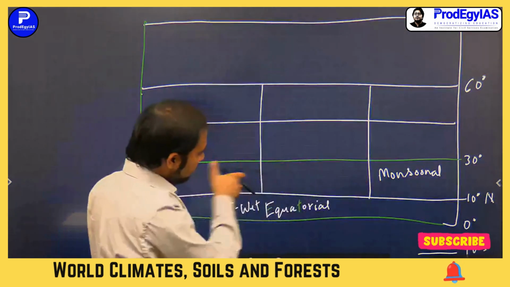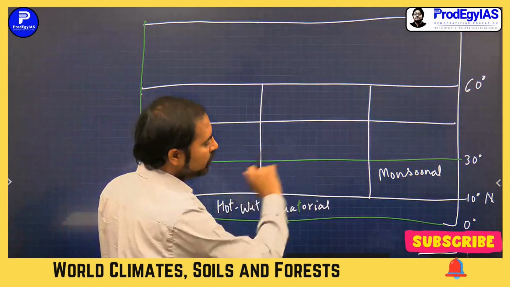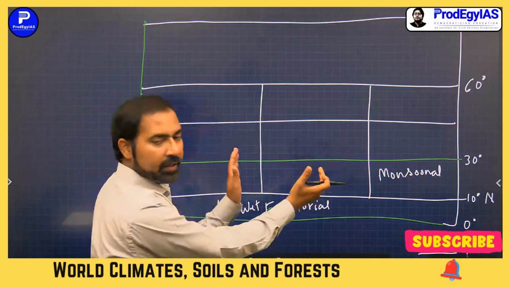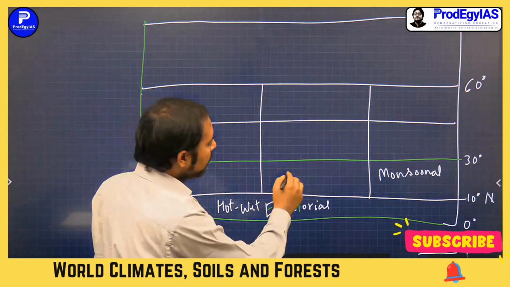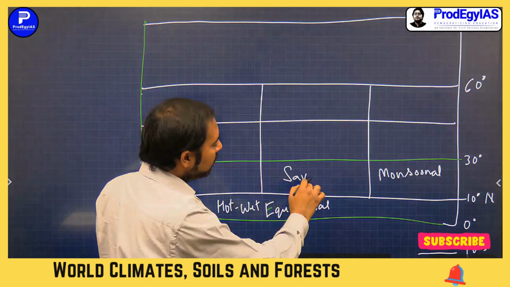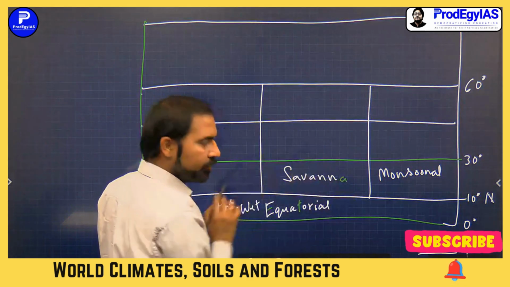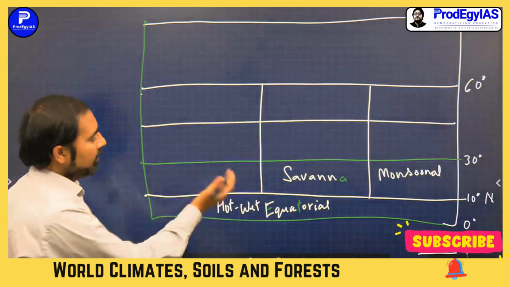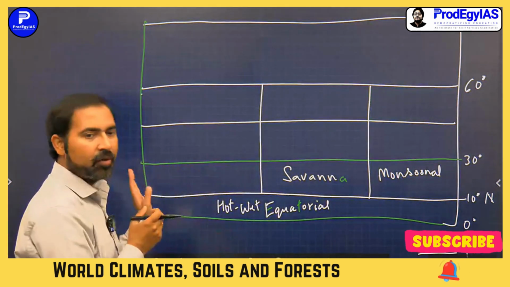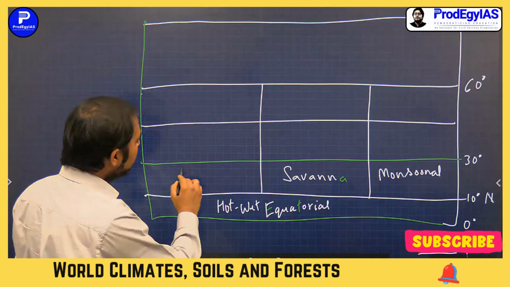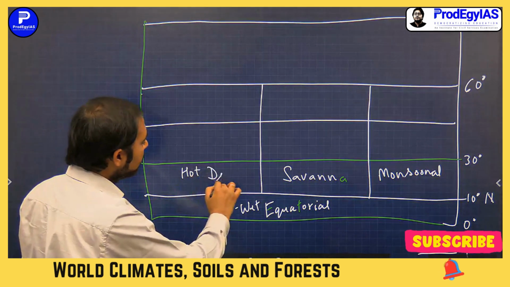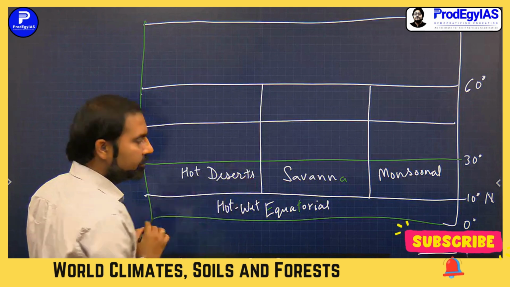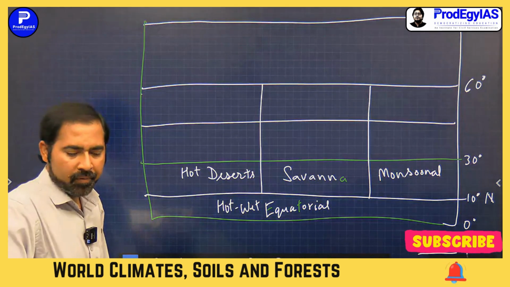Then in the same latitude, in the same zone, and in the middle of the continent, this is called savanna. The climate name is savanna. Then on the western side of the continent, it is called hot deserts. Right?